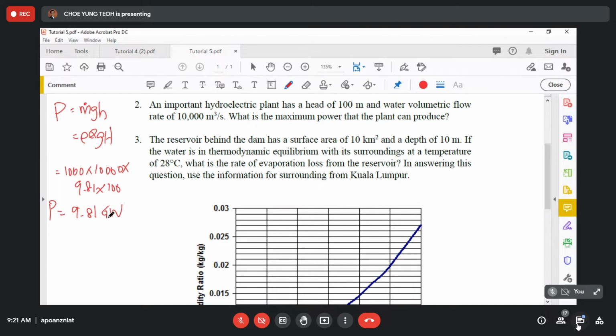And then the next will be the turbine design. What kind of turbine you want to use? But again, everything depends on what the flow rate is and what the head of the dam is that you have. So again, without realistic data, there's not much calculation we can do in the lecture.